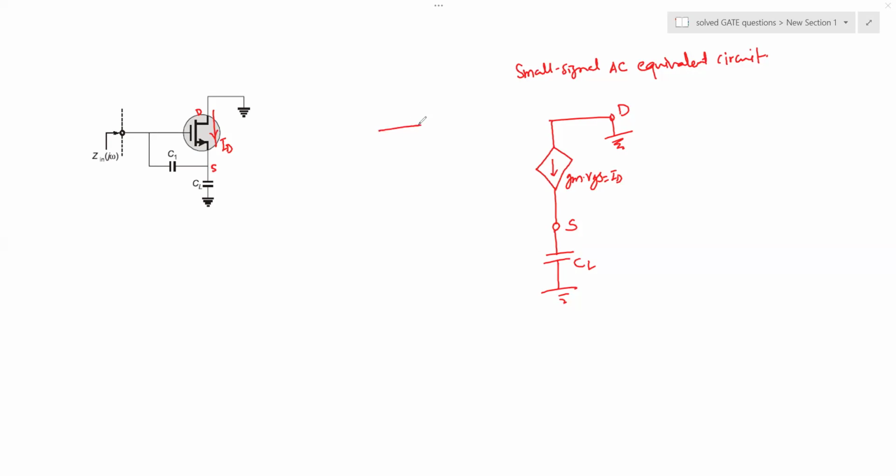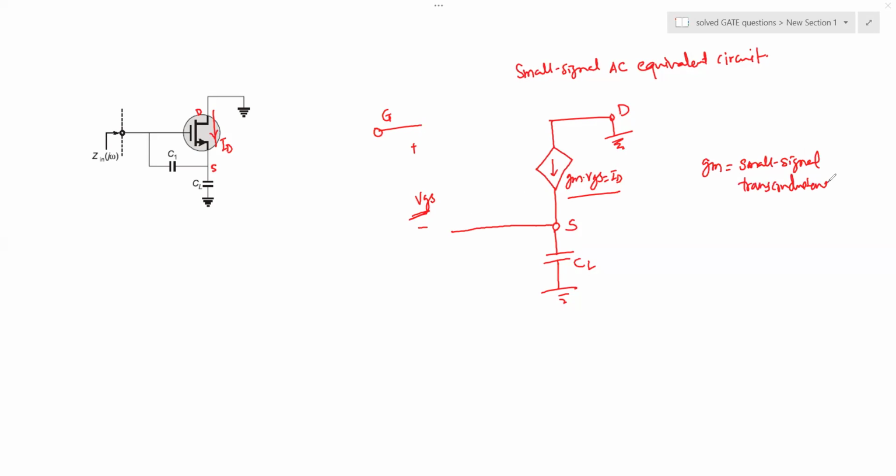Now here is your gate pin, and across the gate to source, you have VGS. That's why we are saying this VGS affects your final current, that is ID, because ID is a function of gm times VGS, and gm is the small signal transconductance of the MOSFET.